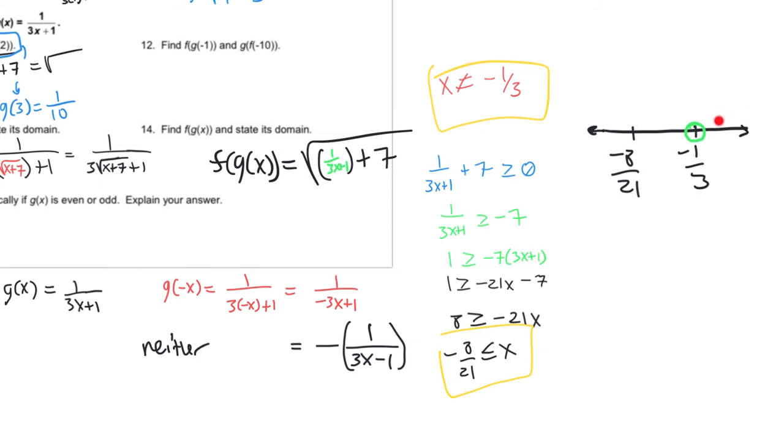But the question is, what about this section? What about this section? And what about this section? I'll even color code it. Here's the red section, here's the blue section, and here's the yellow section. We're going to investigate each one separately.